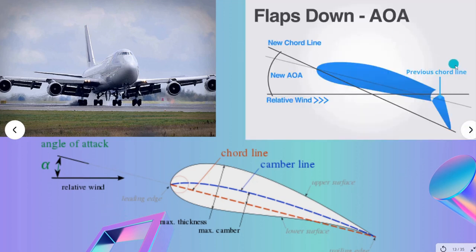Here you can see how flaps are used to temporarily increase the lift force on the aircraft. This was the chord line before deploying the flaps, and this is the new chord line after deployment of the flaps. You can see that the effective angle of attack increases due to the deployment of the flaps, right?